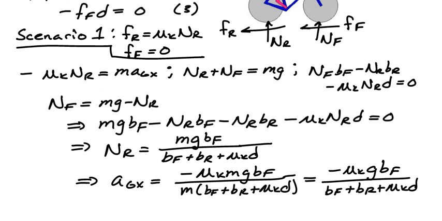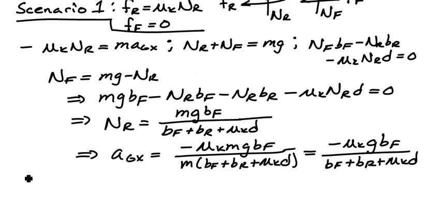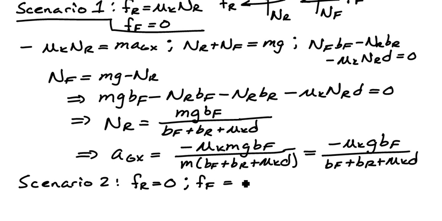Now I can also look at scenario 2, and in scenario 2, I'll have here that F_r is equal to 0, and I'll have now that F_f is equal to mu_k times N_F. So if I work this out, I'm going to have minus mu_k times N_F is equal to m times a_Gx.